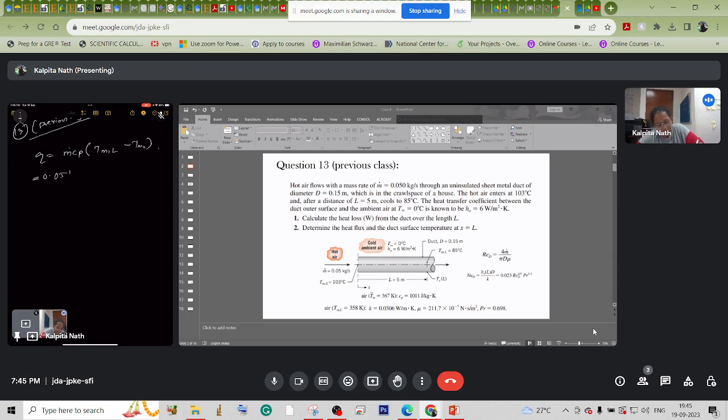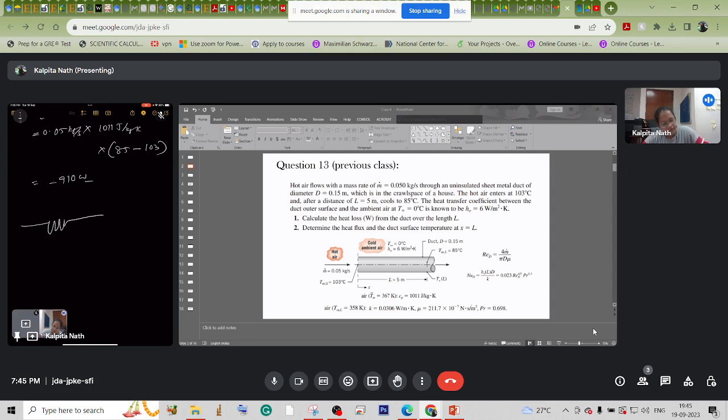This is 0.05 kg per second times 1011 joule per kg Kelvin, which is given. Then Tm exit is 85, minus the entrance temperature of 103. So it comes out to be minus 910 watt.